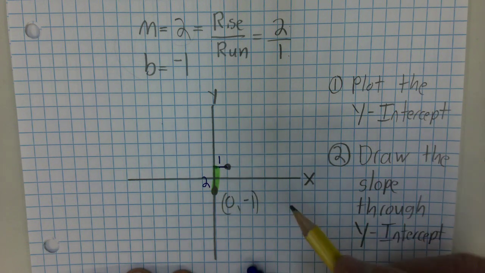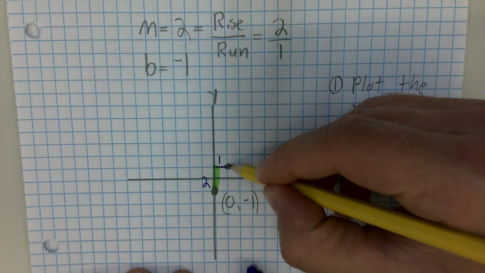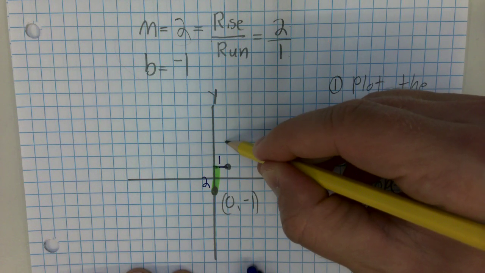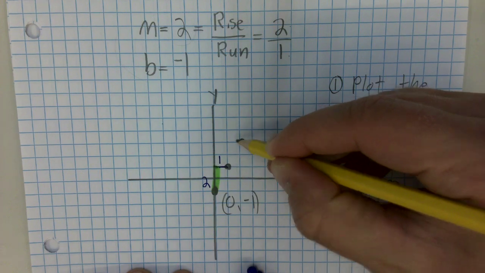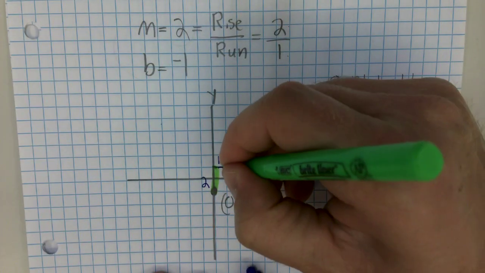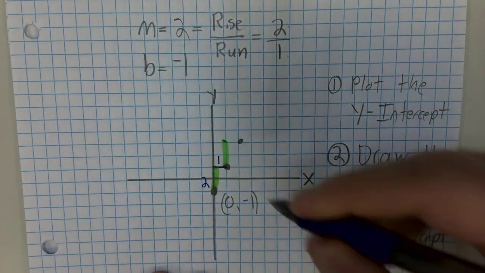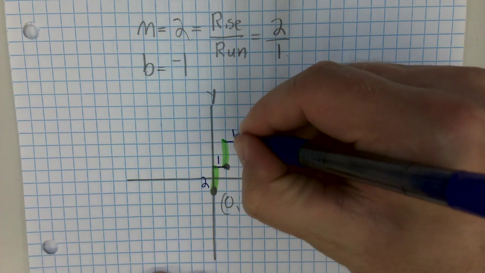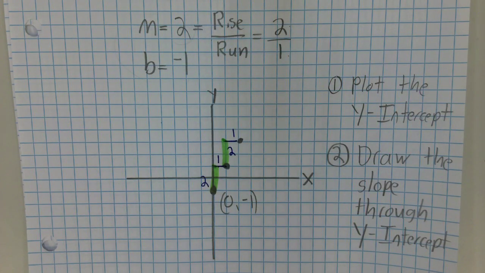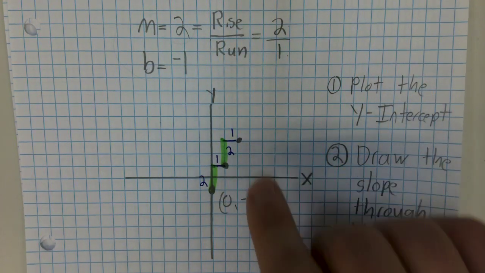But let's do a third one. We're going to do the same thing from our new point. We're going to rise 2, and we're going to run 1. Okay, so same idea. We rose twice, and we ran once. And that is all the points we need for our line.